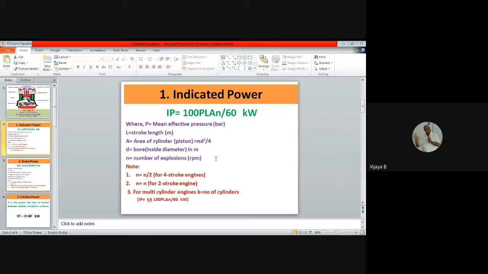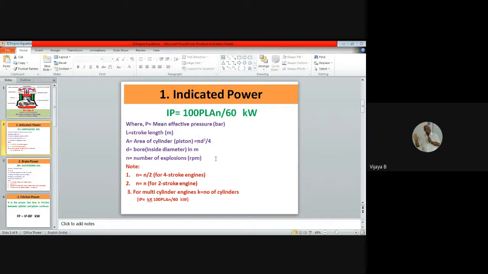Since an indicator, an instrument, is used to measure various parameters like area, spring constant and length of the indicator diagram. Using those parameters, mean effective pressure may be obtained and hence it is called indicated power.